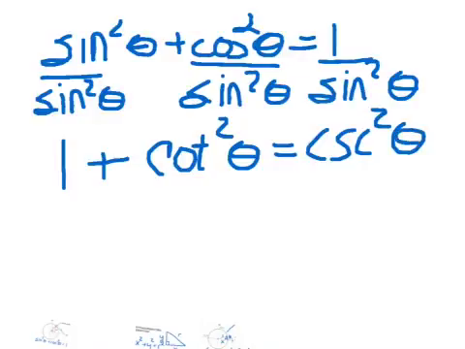This is another form of the Pythagorean identity, and so this one is very valuable. We use it very often; we have to use it for substitutions in proving other things. But the good thing about this is if you'll learn the first one, you can always find the second one.